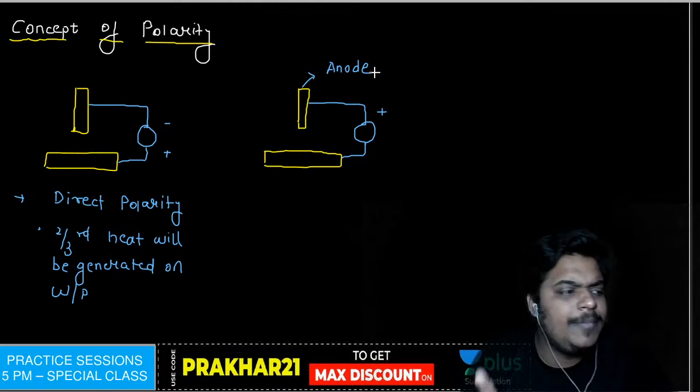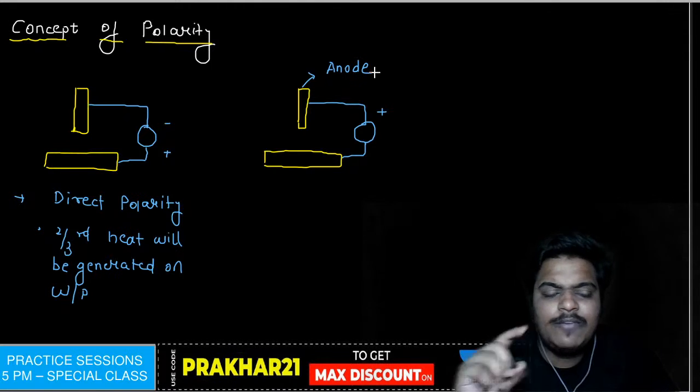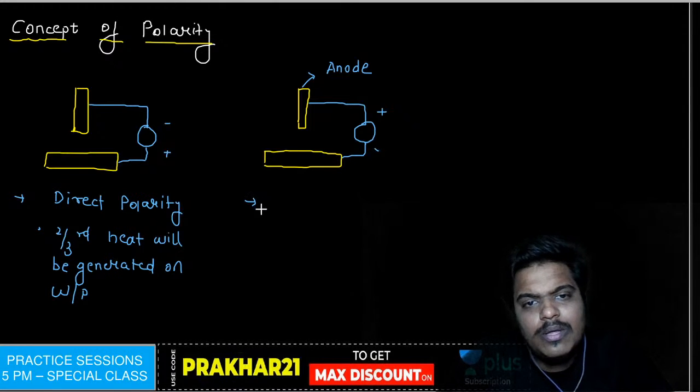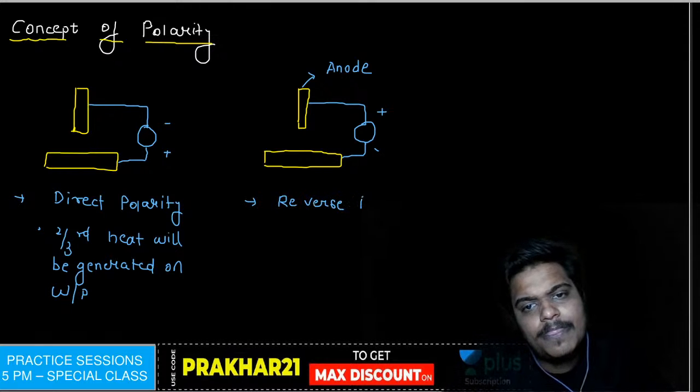Positive terminal जहां पर भी होगा that will be anode. So positive terminal is attached to anode, negative terminal is attached to cathode. This is known as reverse polarity. And now 2/3 heat will be generated on electrode.